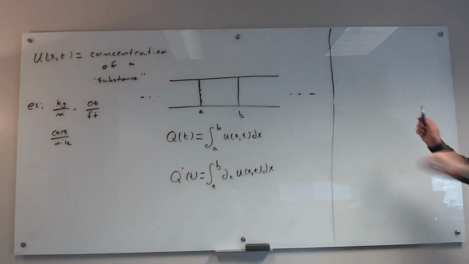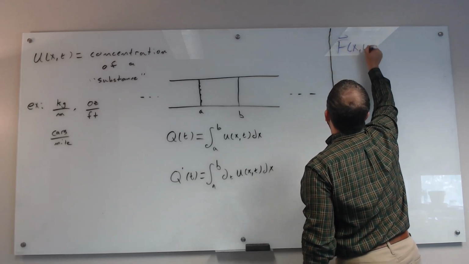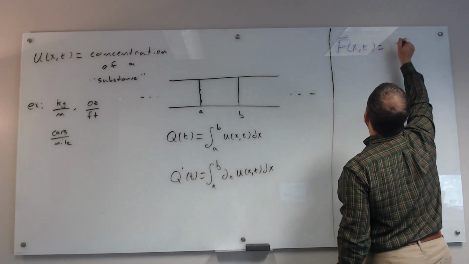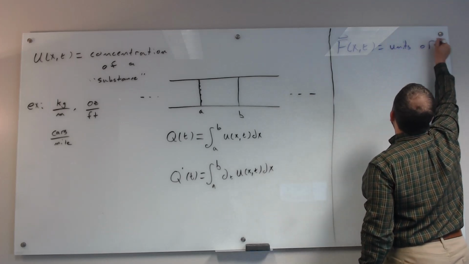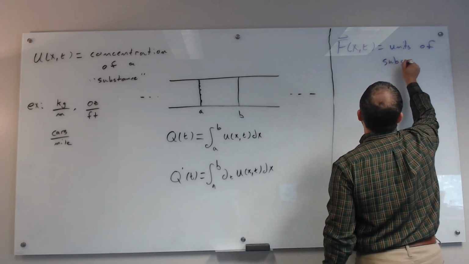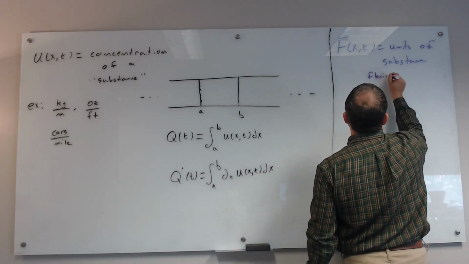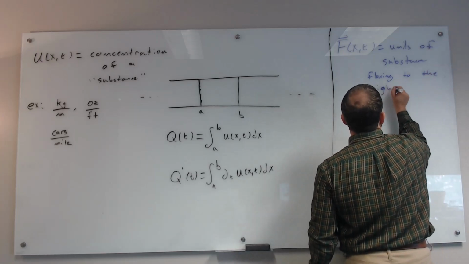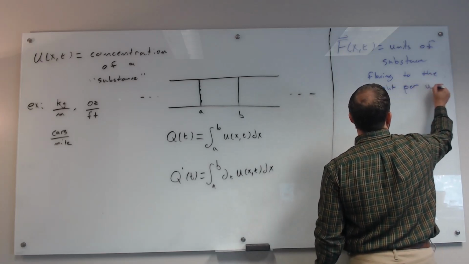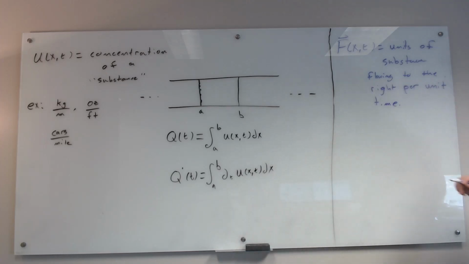Produce a new quantity called f. Now, f is going to be equal to the units of substance flowing to the right per unit time.